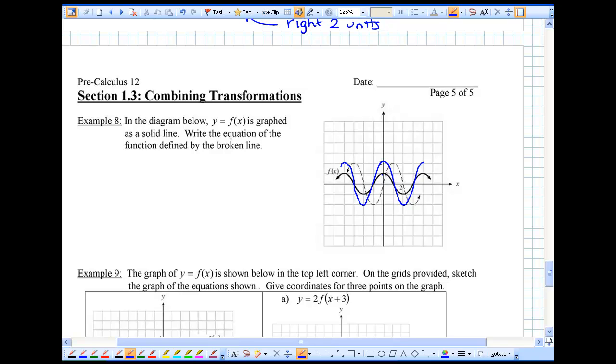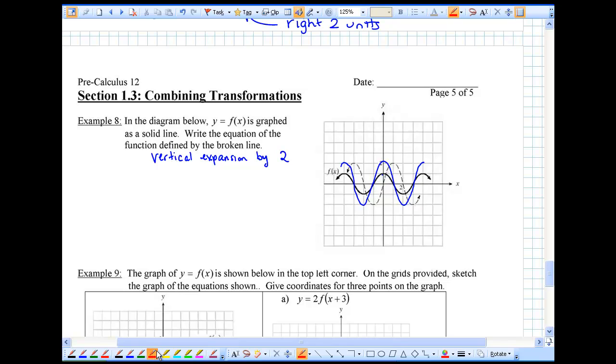So if you think about what I did in that blue, I've actually created a vertical expansion by a factor of 2. Well, that's almost like the dotted line. At least the shape is there, but it might not be in the right position.